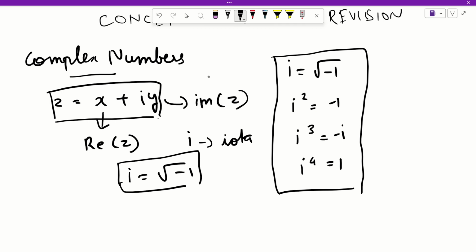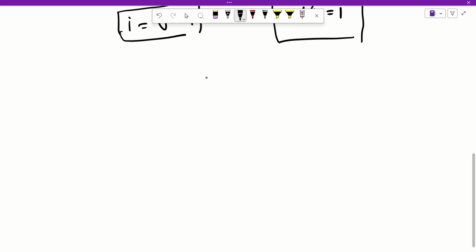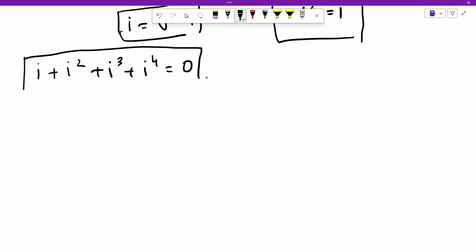Let's write some more properties of i. i plus i square plus i cube plus i raised to 4 equals 0. This is one such important property.